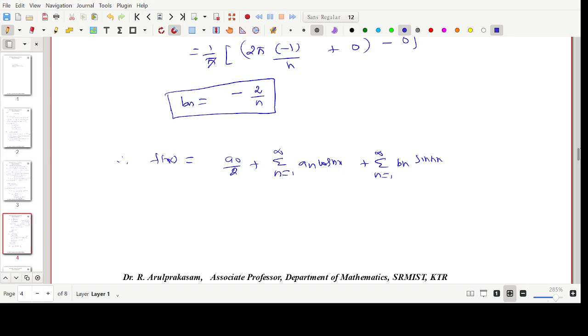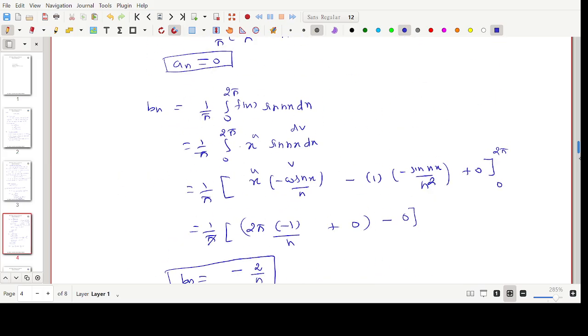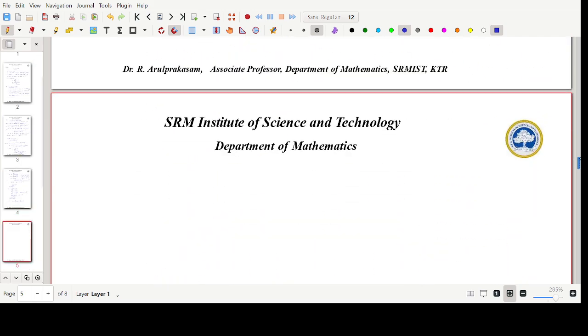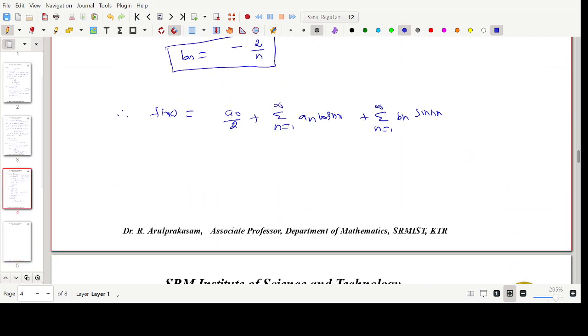It is the general Fourier series representation where I know what is a naught value by the integral formula, I mean the Euler formula. I am getting a naught value 2 pi. So I am substituting here 2 pi by 2 plus, what about the an value here, 0, the terms will be 0. So what about the bn value?